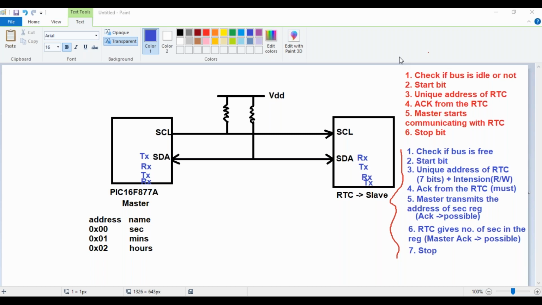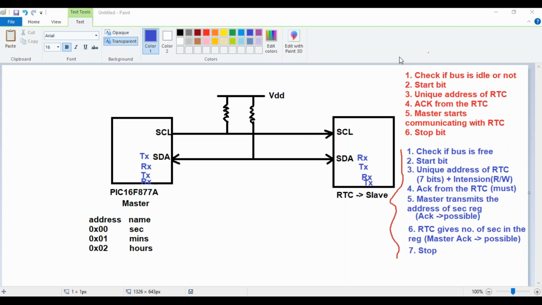So the RTC can be communicated with by another master in the network, but not at the same time. I can have multiple masters in my network. Assume there is an ARM microcontroller who wants to communicate with the RTC. It is possible, but the communication happens only when the RTC is available to that microcontroller. Clear?